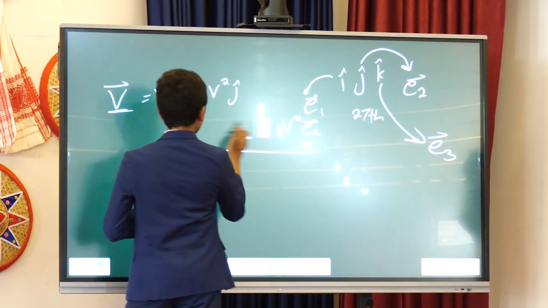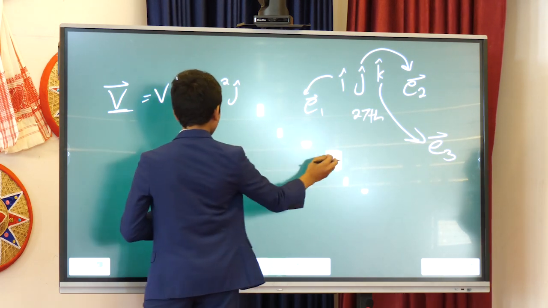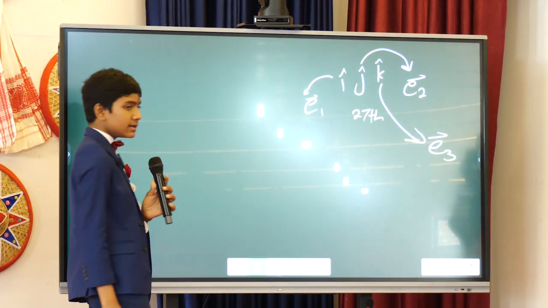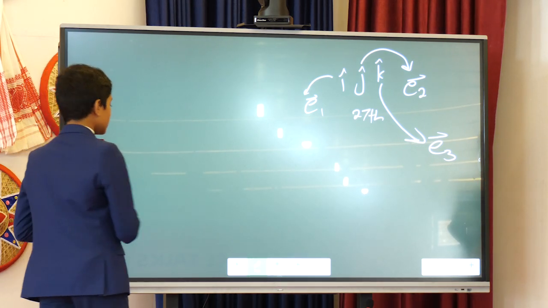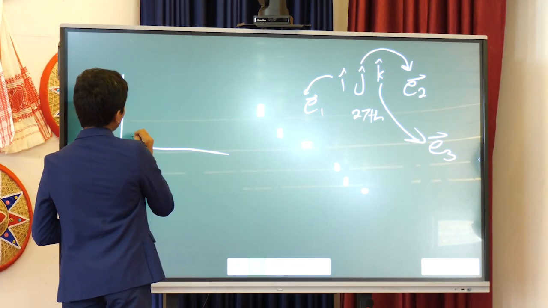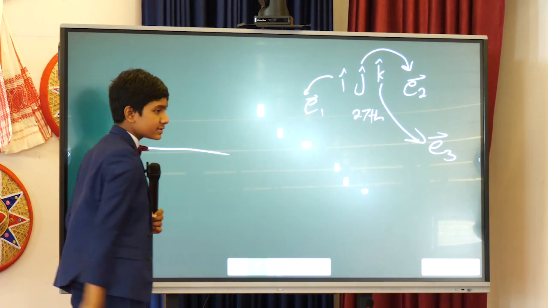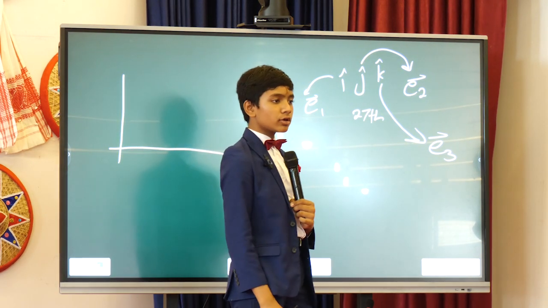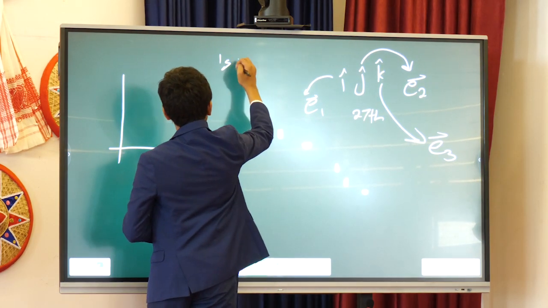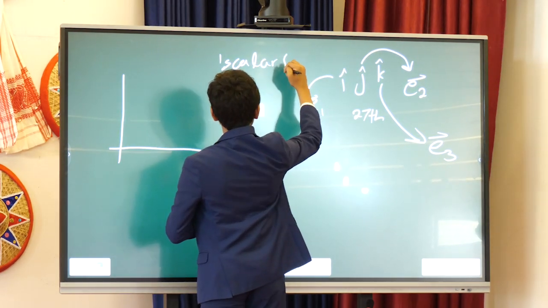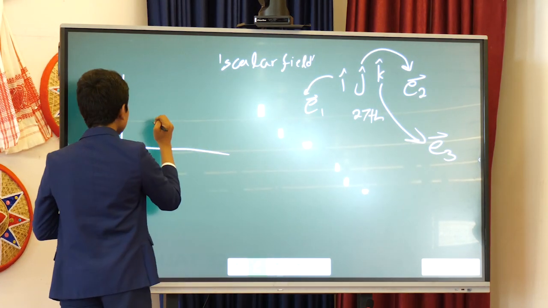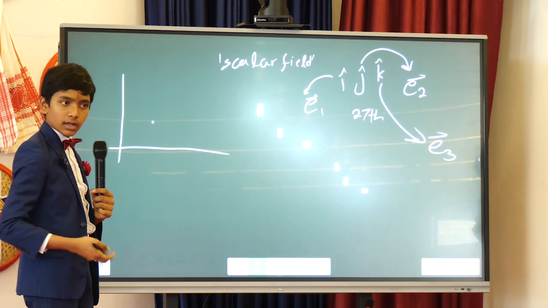So now what we're going to do is explain the concept of covariant and contravariant. Imagine temperature in a room. So imagine we have a room, and let's say it's hot at this side, and eventually it gets colder at this side. So what we're going to do is we're going to describe that temperature using a scalar field. A scalar field is essentially what happens is that every point in space is just assigned a scalar, a number.